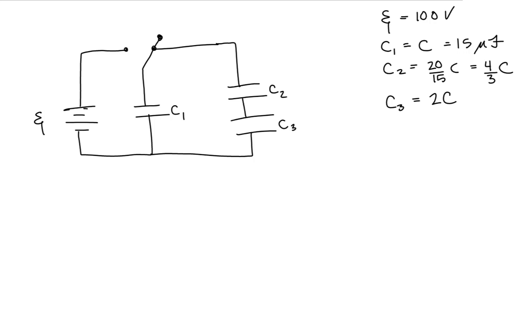The question is, find the charge on and potential difference across each capacitor. So I'll say the charge on capacitor 1, charge on capacitor 2, charge on capacitor 3. We also have to find the potential difference across capacitor 1, capacitor 2, and capacitor 3.